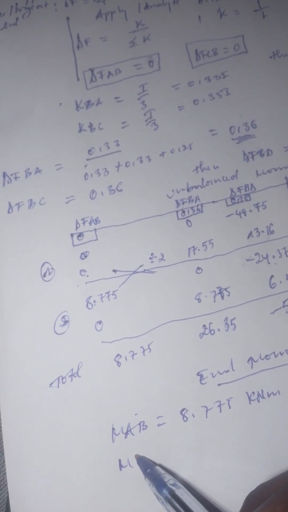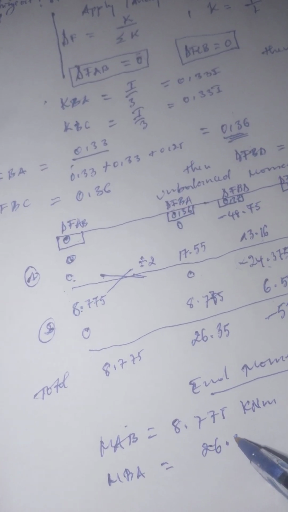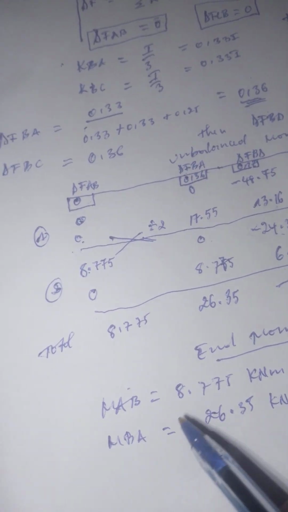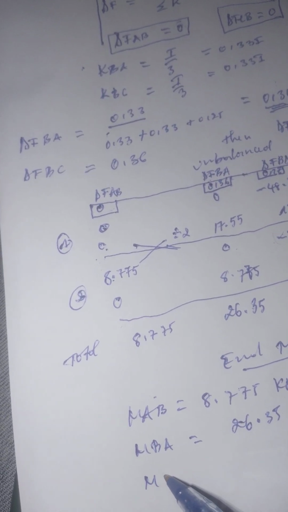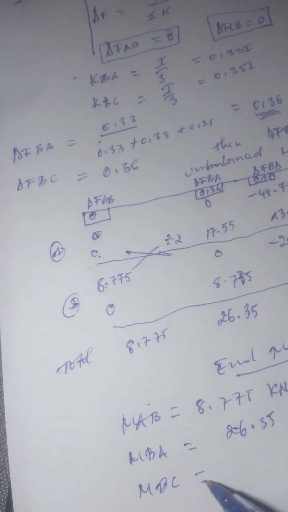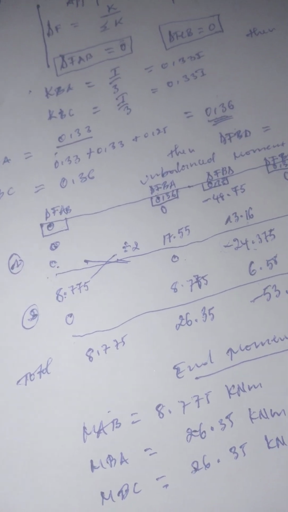The moment BA is equal to 26.35 kilonewton meter. Then moment BC is equal to 26.35 kilonewton meter.